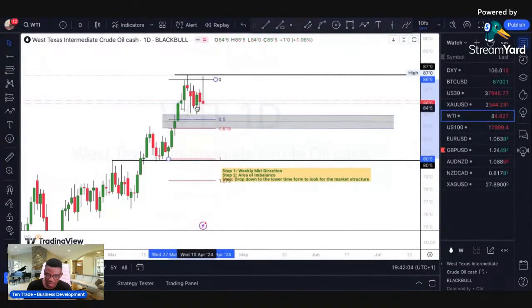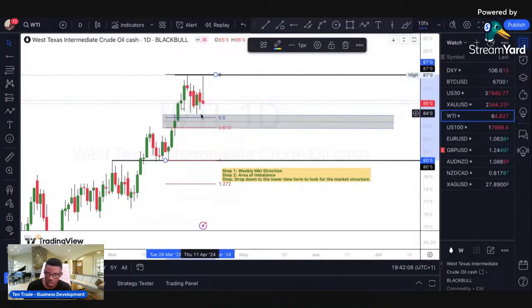The 50% area now gives us a very nice area to buy from. From where this push started to where it ended, the 50% of it is here, $83 per barrel.